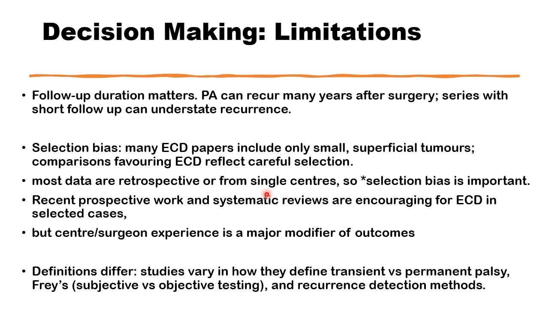The definition of certain complications would also differ, because in some cases transient facial nerve dysfunction, for example, was diagnosed not only clinically but also electrophysiologically, which detects a higher incidence of transient facial nerve injury or dysfunction compared to other studies, depending mainly on clinical diagnosis.